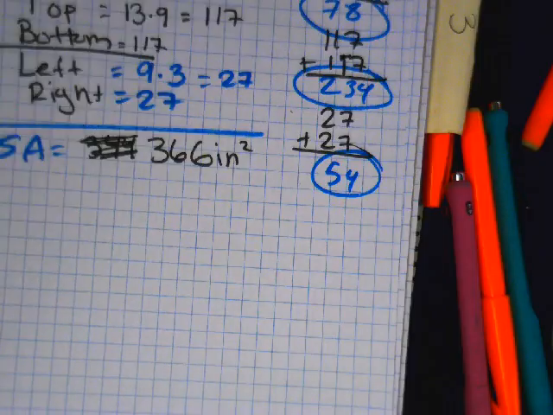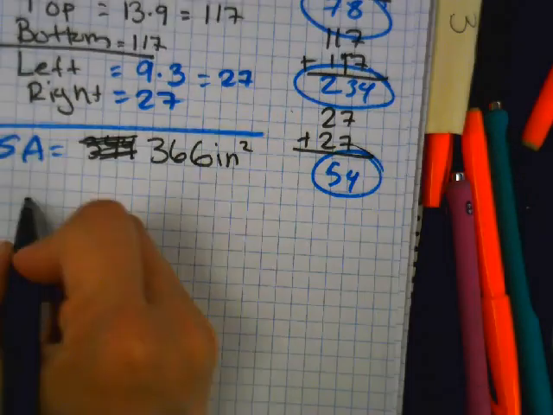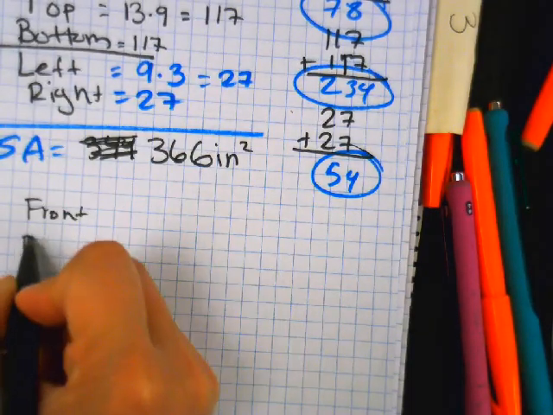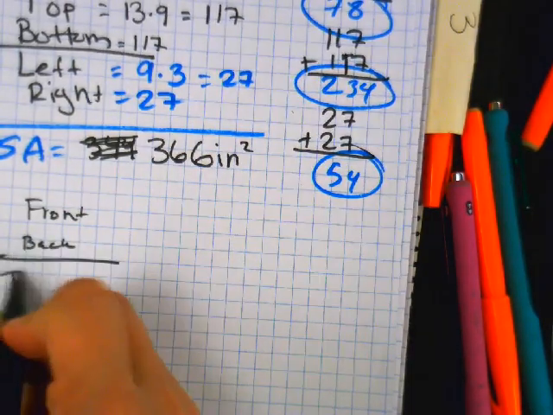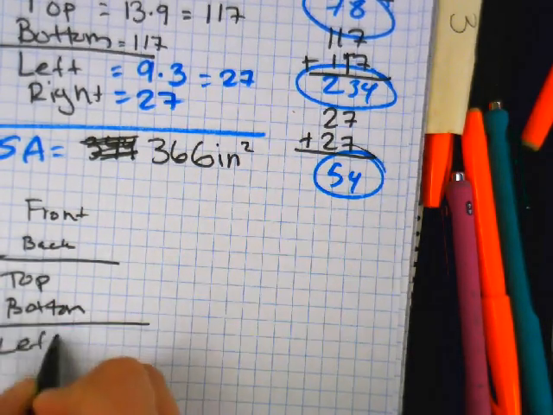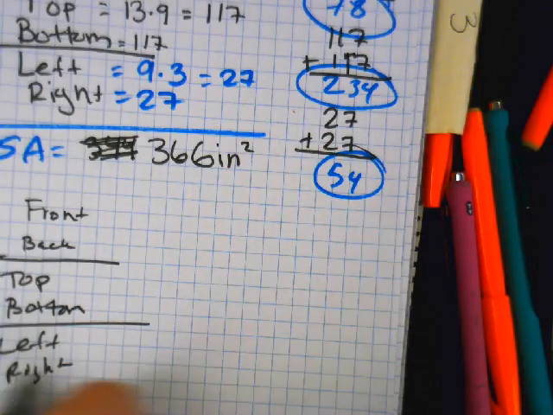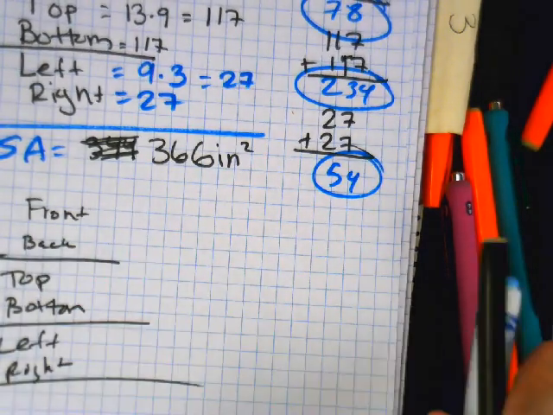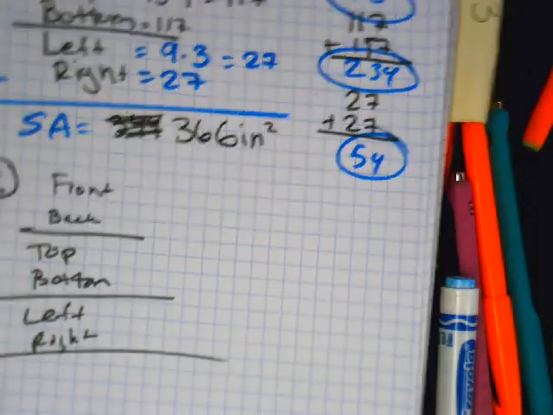All right, number 2. So how do you start? Front, back, top, bottom, left, right. Front, back, top, right, left, bottom.